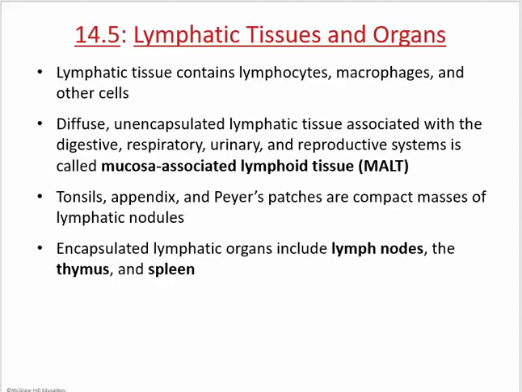Now, some of this lymphatic tissue is actually incorporated into organs. They have capsules of dense connective tissue encapsulating it. And so that's things like lymph nodes and the spleen and the thymus.